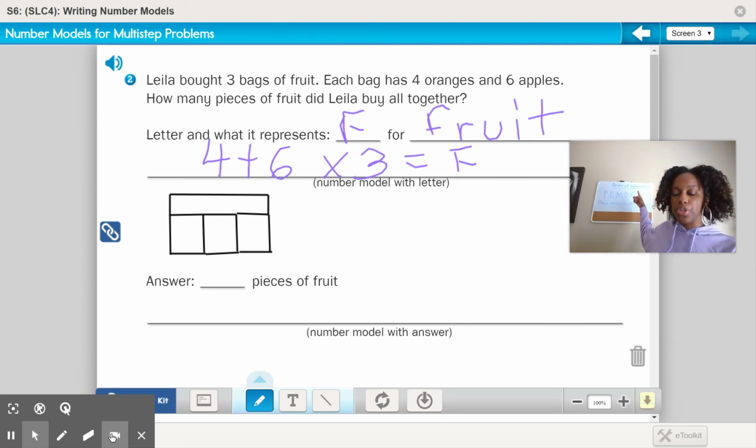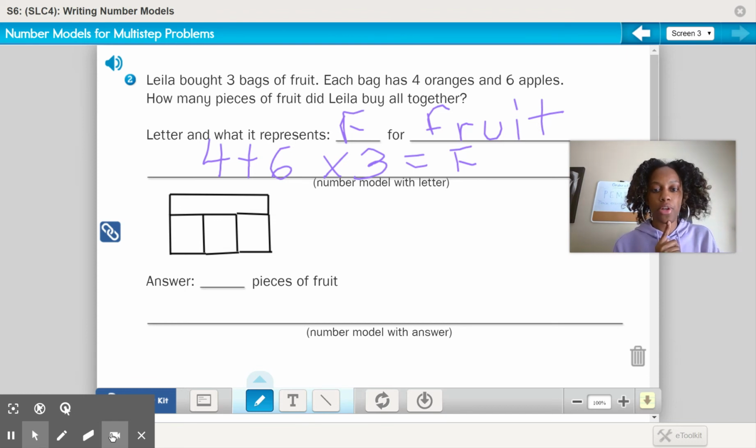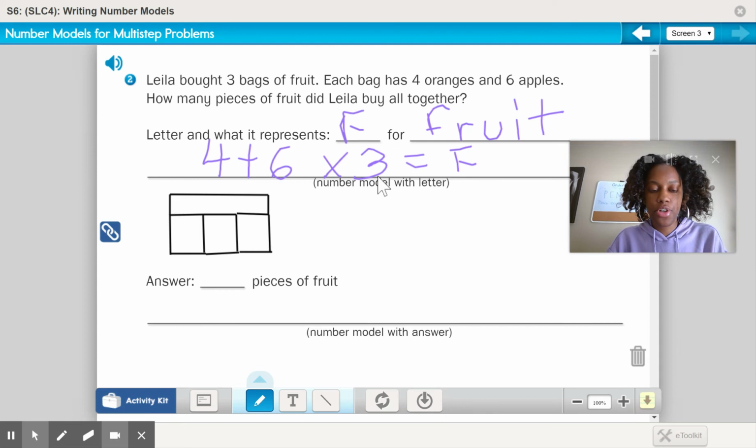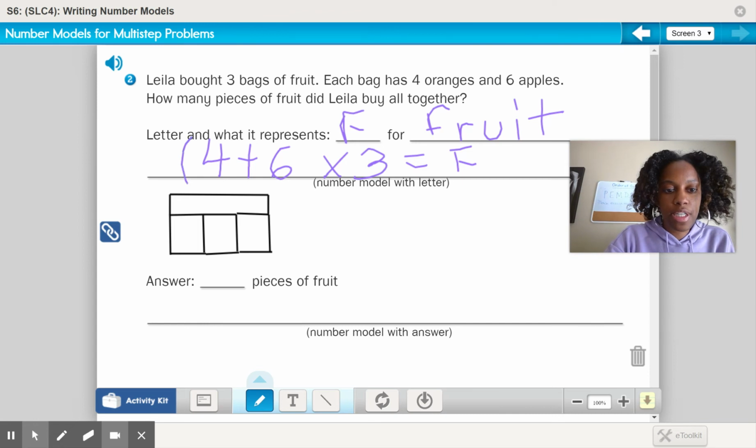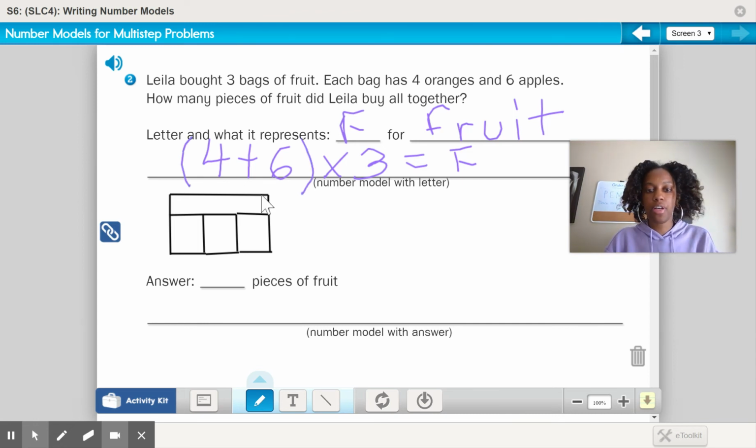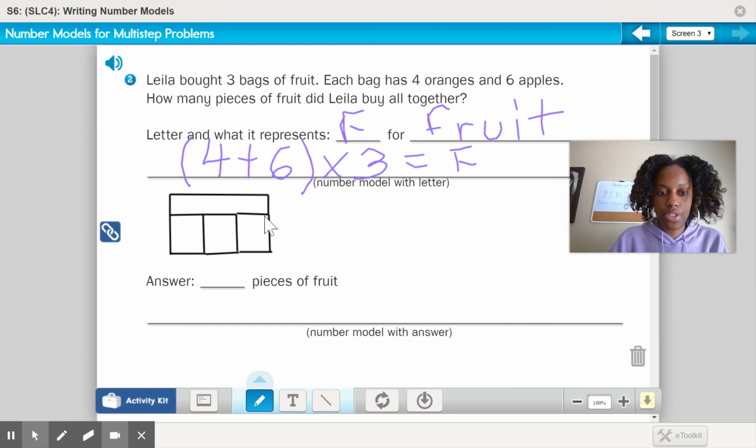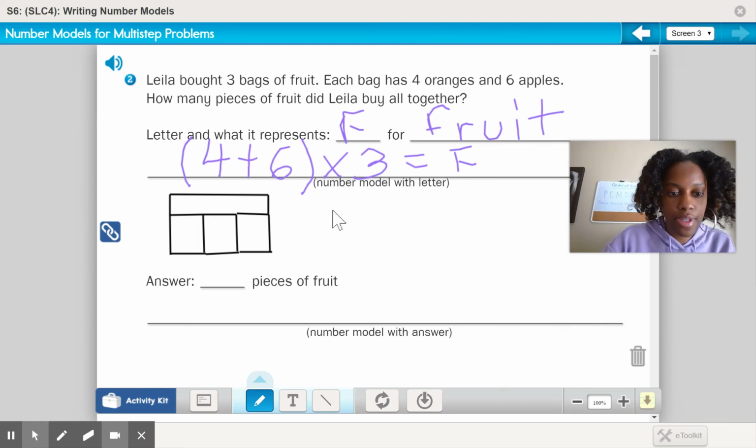Okay, so when you're doing the order of operations, we want to think which part of our number model is going to come first. Am I doing the 6 times 3 first or 4 plus 6 first? We're going to be doing the 4 plus 6 first. So I'm going to put parentheses around that part of my number model because I'm doing this part first, 4 plus 6. Then I'm going to multiply by 3 to get the total number of fruit.